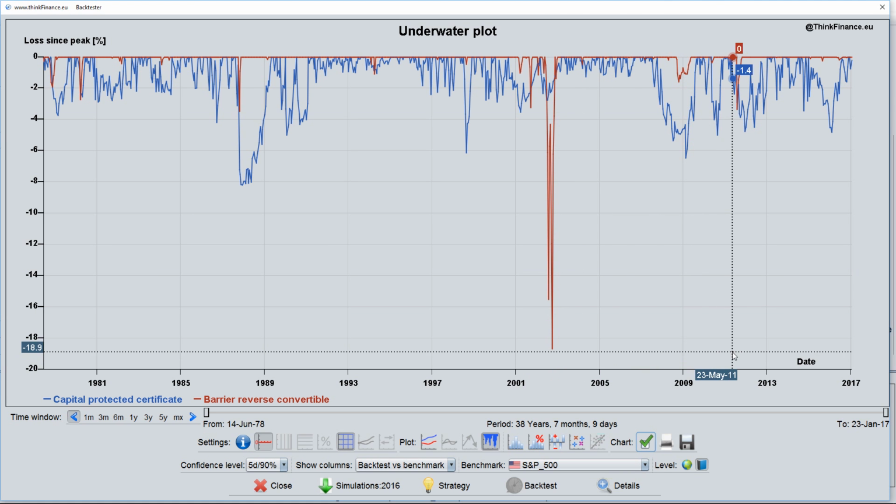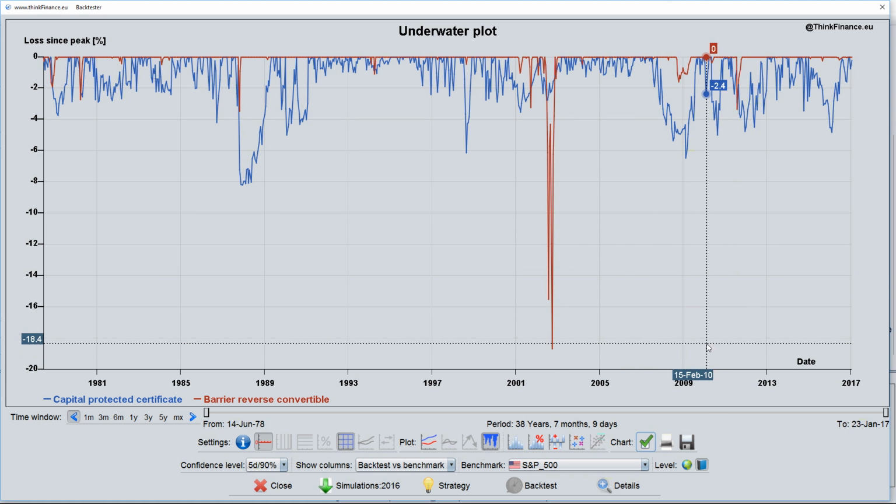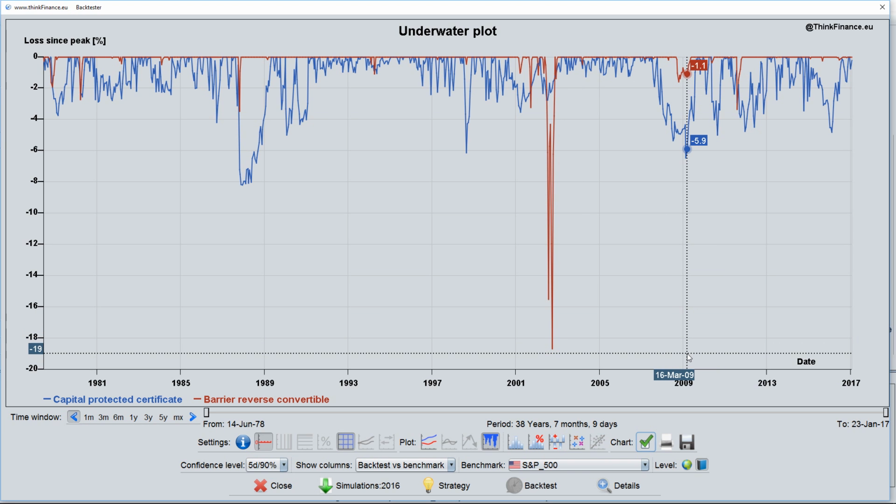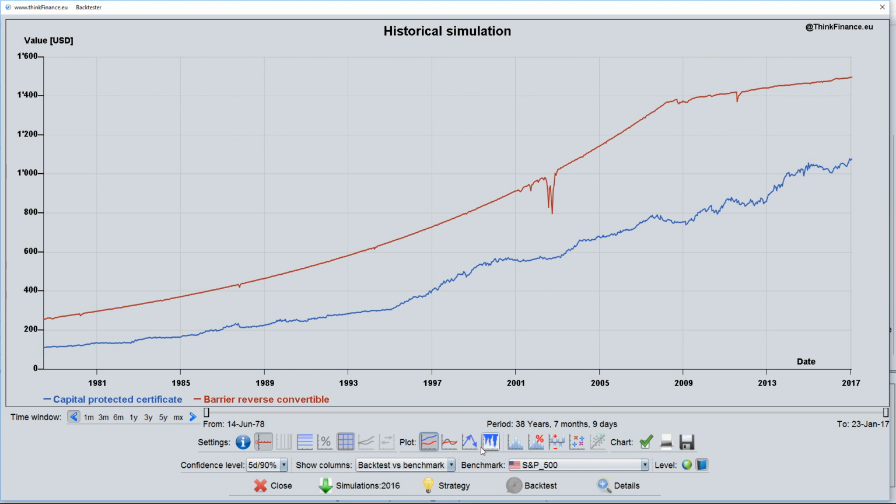So when you compare long run risk figures, it really depends on what you look at, whether you look at volatility or drawdowns. And let's move back to the market values. And you see, even in the market value plot, the barrier reverse convertible sometimes loses money because the barriers are hit. So that concludes my introduction to the thinkFinance backtester.